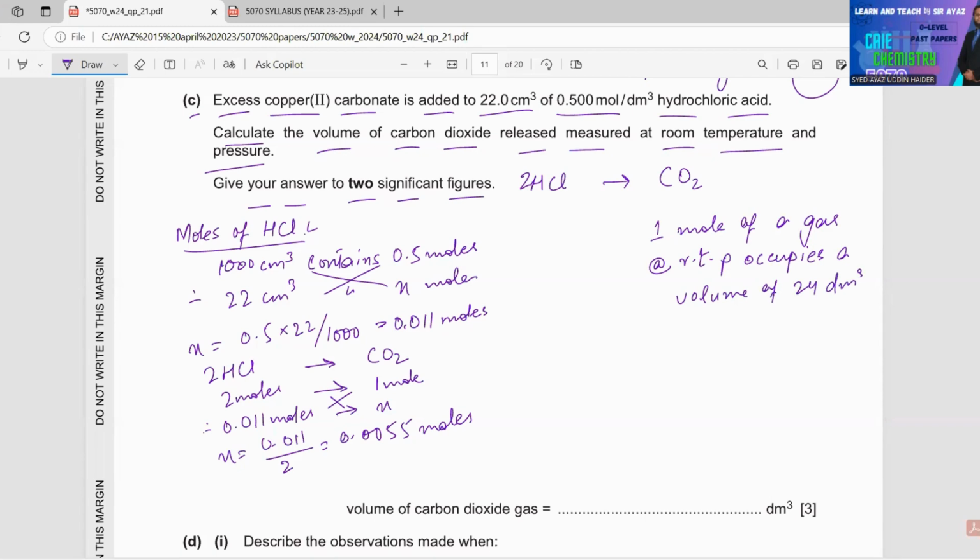So we need to multiply the moles by 24 in order to calculate the volume of carbon dioxide. So 0.0055 multiplied by 24. The answer is 0.132 dm cube.